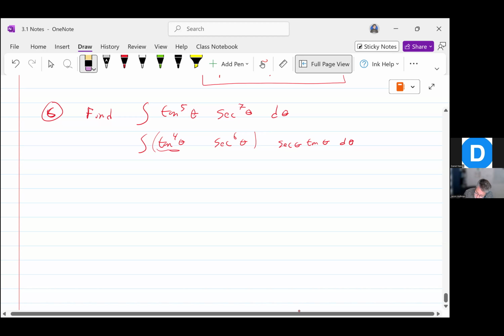So I want to change this tangent into secants. I'm going to make it secant squared theta minus 1 squared, times secant 6 theta, all of that times secant theta tangent theta d theta. Now, what is secant squared?